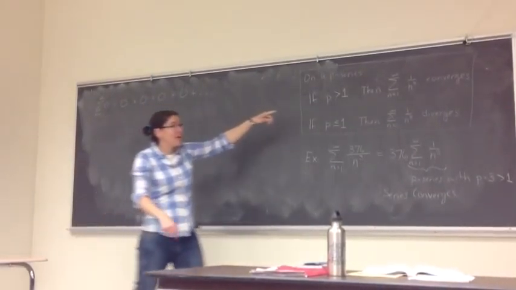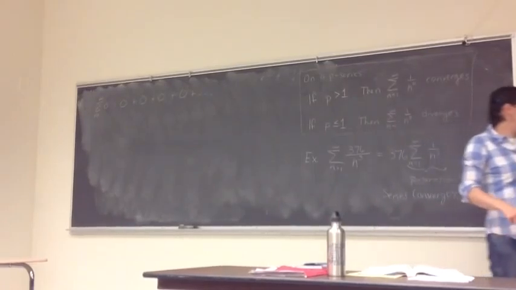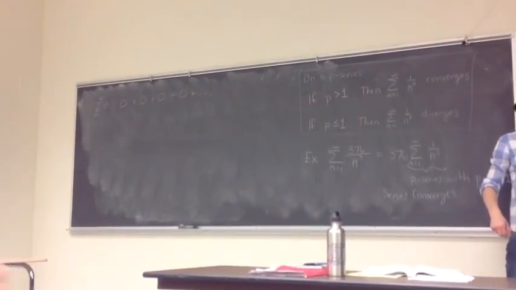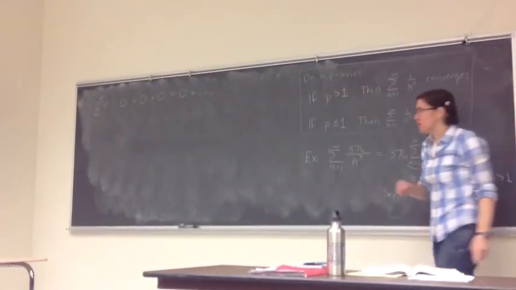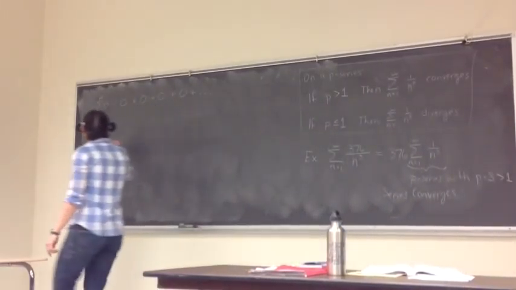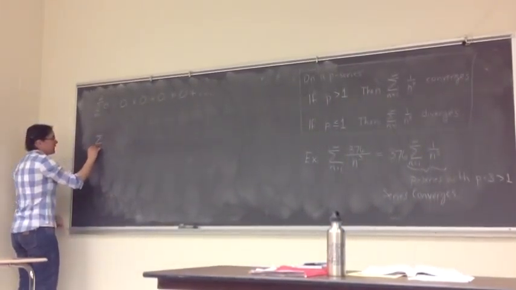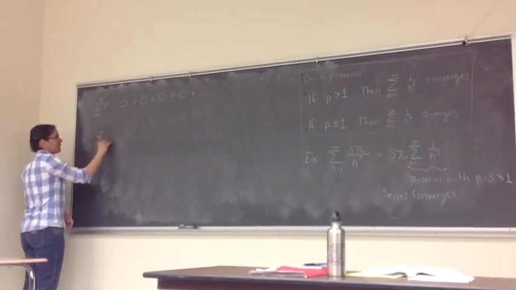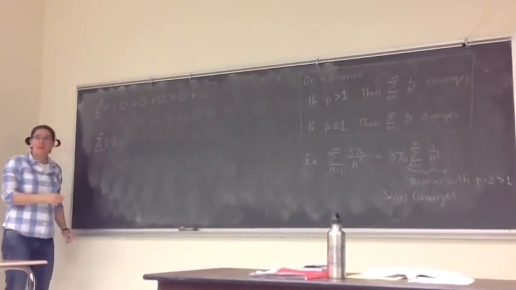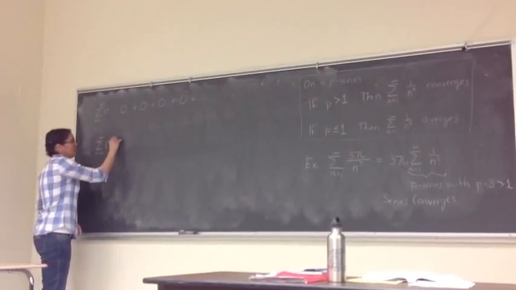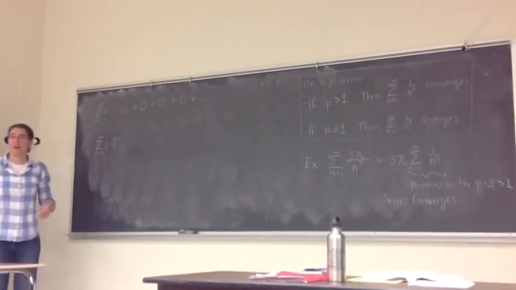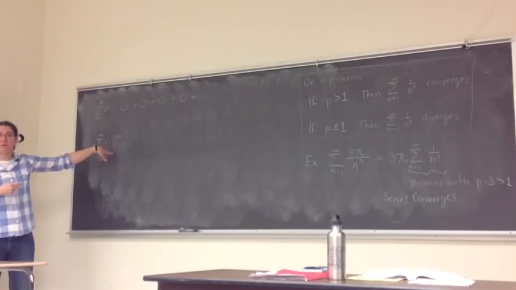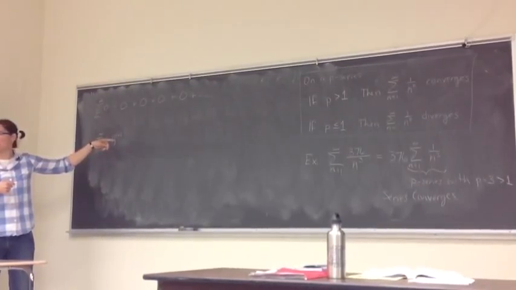Now this other way of writing the series as 1 minus 1 plus 1 minus 1 is really the sum where n goes from 1 up to infinity of negative 1 raised to the n plus 1. So I have a positive number when n equals 1 and a negative number when n equals 2.